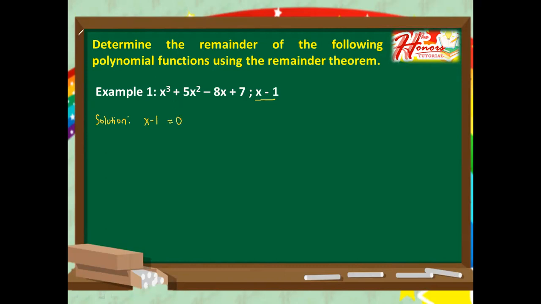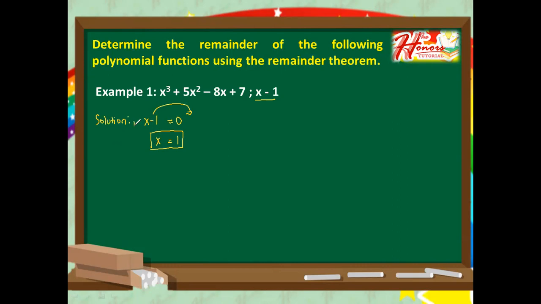After that, you have to transpose negative 1 to the right side of the equation, so it will become x equals 1. Always remember that when you transpose any number or any variable, don't forget to change its sign, because any number or variable that you transpose to any side will change its sign.